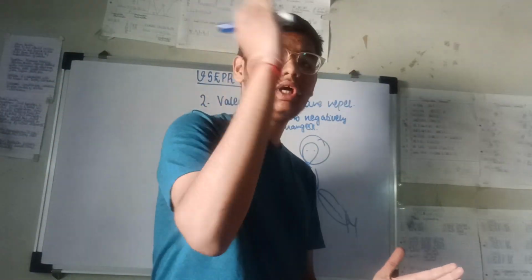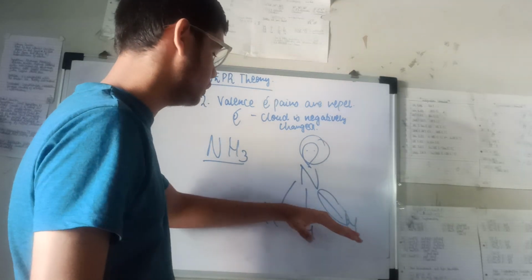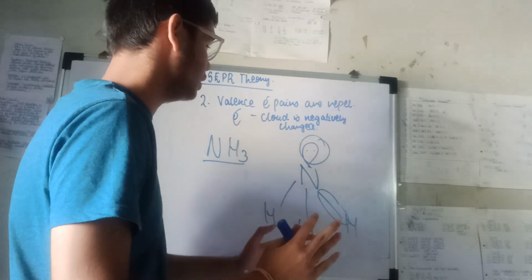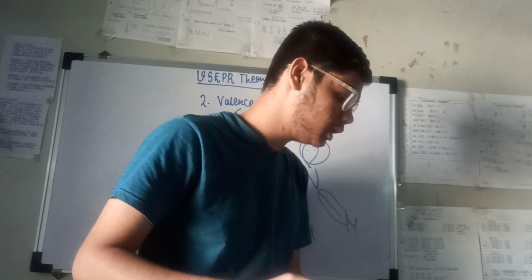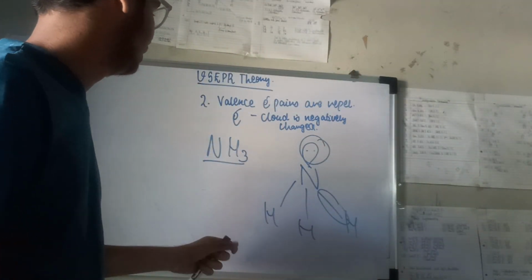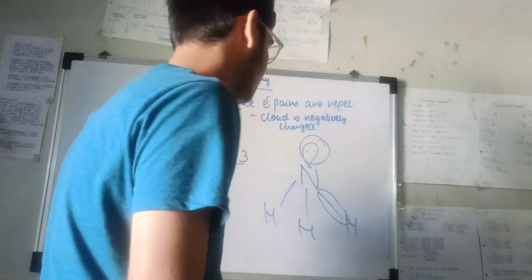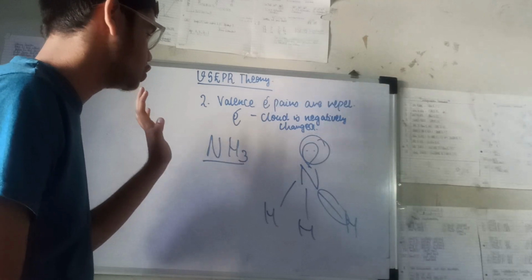Means it is a type of repulsion here. Lone pair bond pair repulsion, bond pair repulsion, so that they have minimum energy and maximum stability. This is the second postulate.